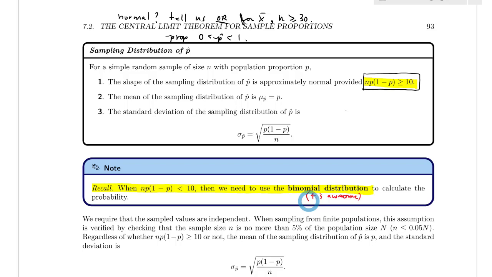So binomial distribution is very powerful, and that section is really powerful, and we're going to be using it whenever we have this. So if we aren't given that the population is normal and we do this calculation and it's less than 10, we always go back to binomial distribution. And this is for the rest of the class. We only hope that we have this relationship, right? Because then we don't really worry about other concepts. But here, if that happens, don't worry, you do have a trick up your sleeve, so make sure you highlight that.